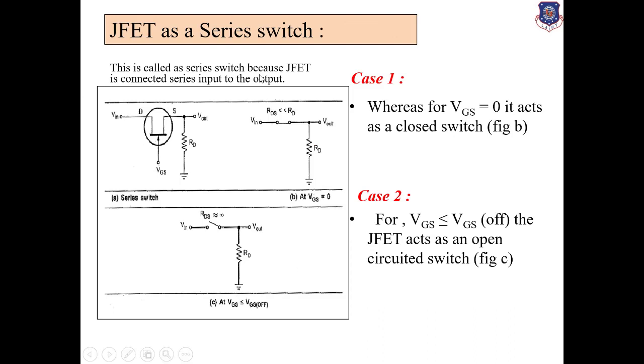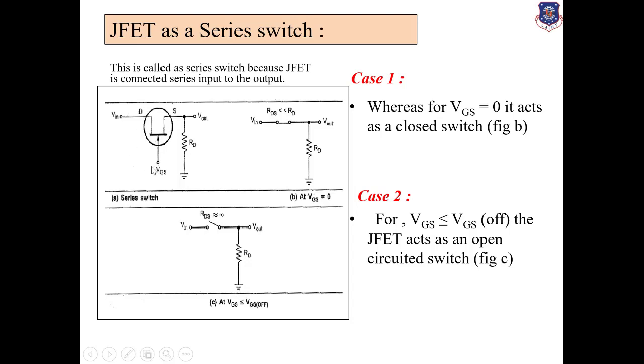This is called a series switch because the JFET is connected in series from input to output. Dear student, this is the main circuit and these two are the equivalent circuits. Here it is the short circuit, closed switch, and here it is the open switch.